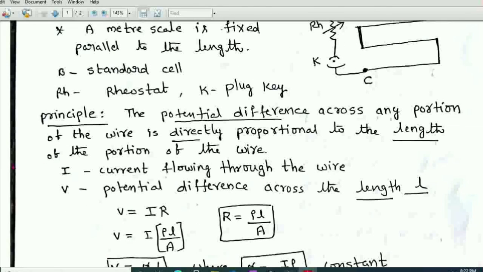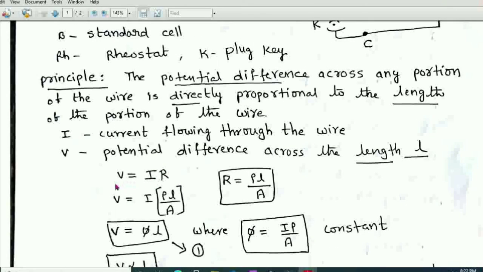Now let us consider I as the current flowing through the wire and V as the potential difference across a length L of the wire. As we know from Ohm's law, V is equal to IR.